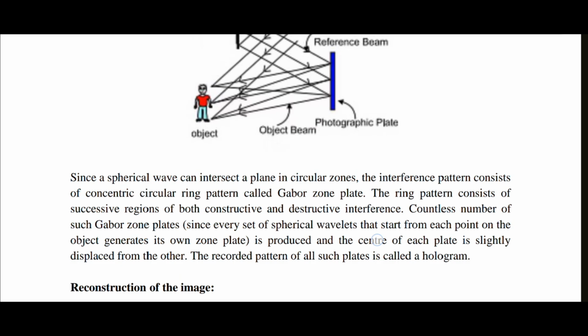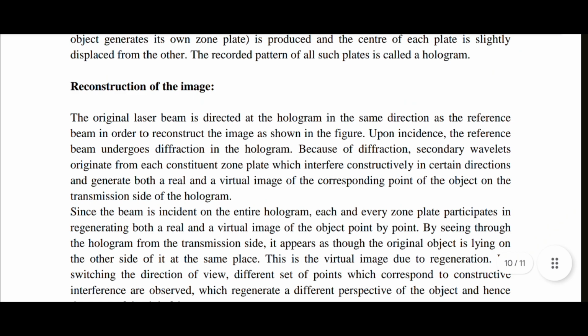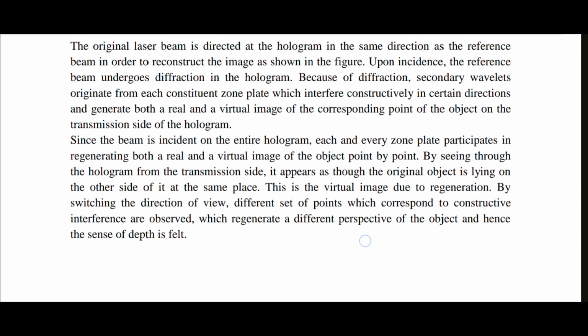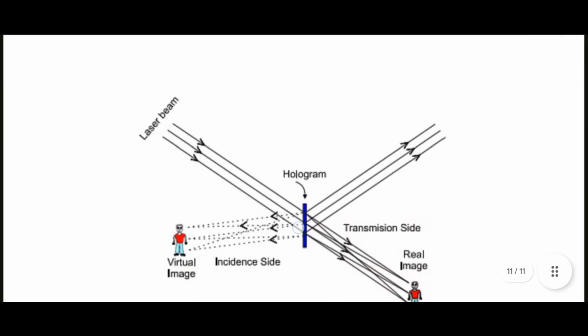Next, reconstruction of the image. The original laser beam is directed at the hologram in the same direction as the reference beam, in order to reconstruct the image as shown in the figure.